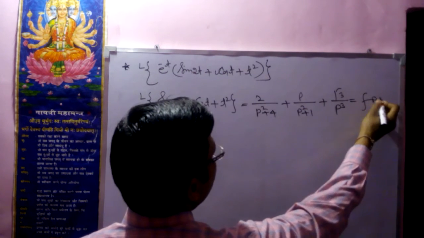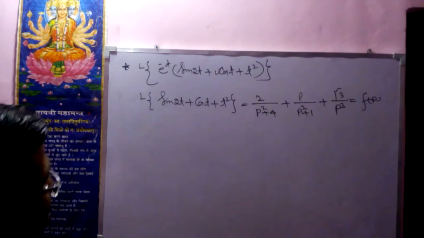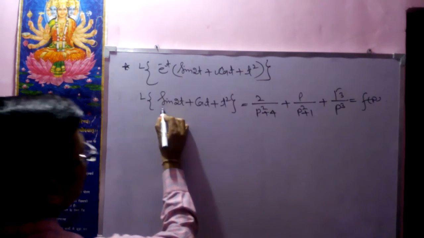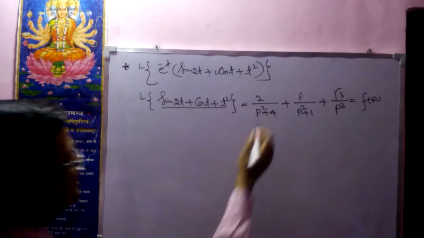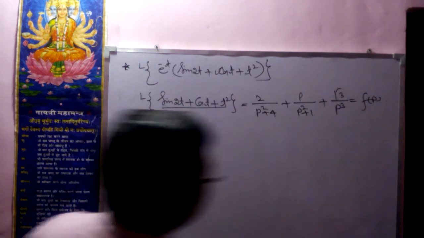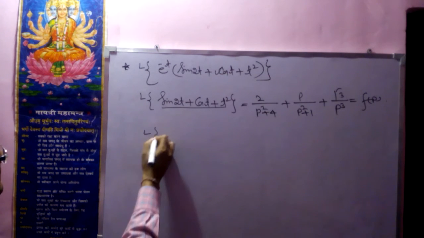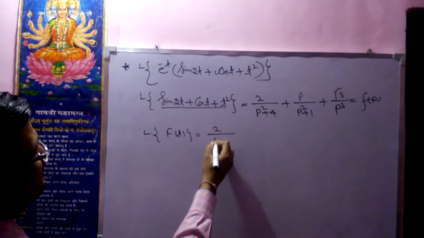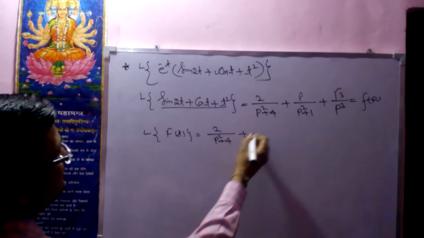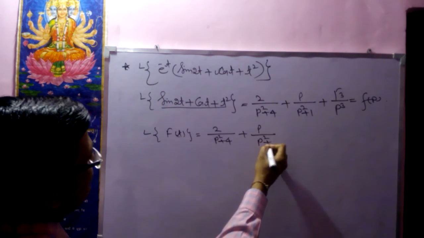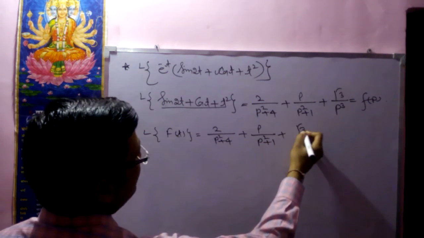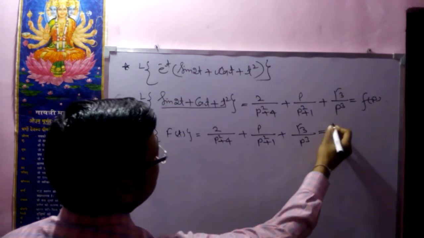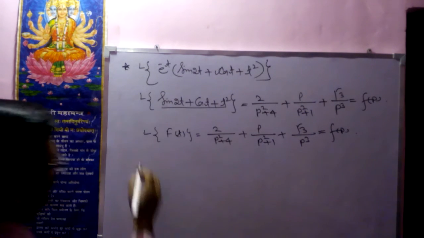This is the function of t. Now suppose this is f(t), so the Laplace of f(t) is 2 upon p square plus 4 plus p upon p square plus 1 plus gamma 3 upon p cube, which is equal to f(p).